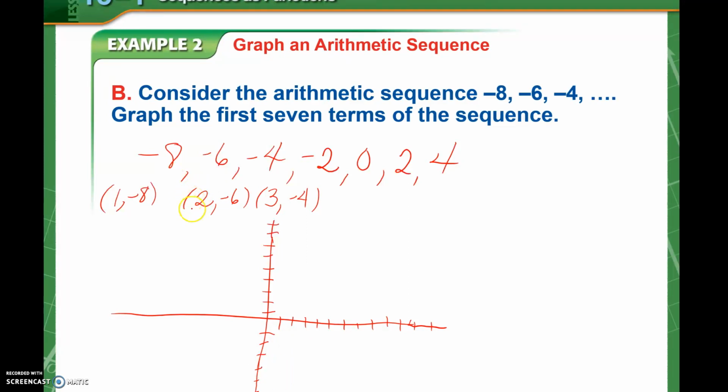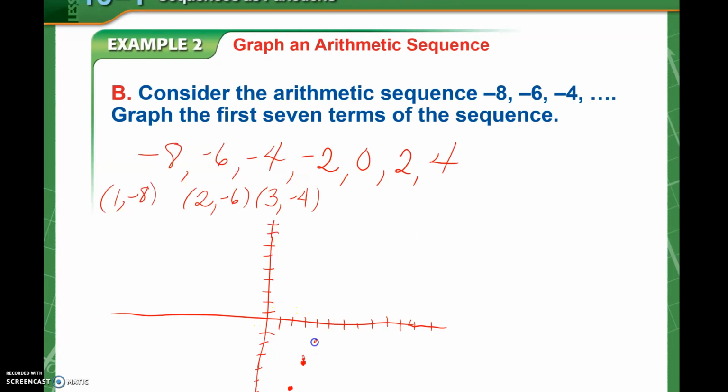Next one is 2, -6. So 2, down 6. Then 3, -4. Then 4, negative 2, we'll keep going.